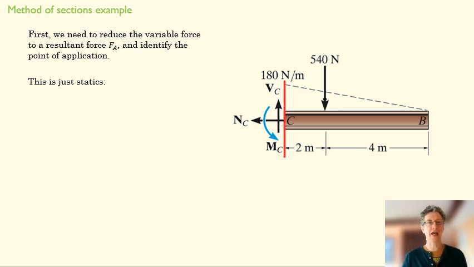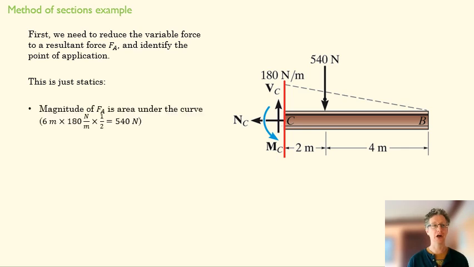So our first step is to take that variable force and figure out where it's being applied. This is just like we do in statics if we had a variable force. So we find the magnitude of the force under the curve, right? The area of this section here is going to be 180 Newton meters times our 6 meters times a half.